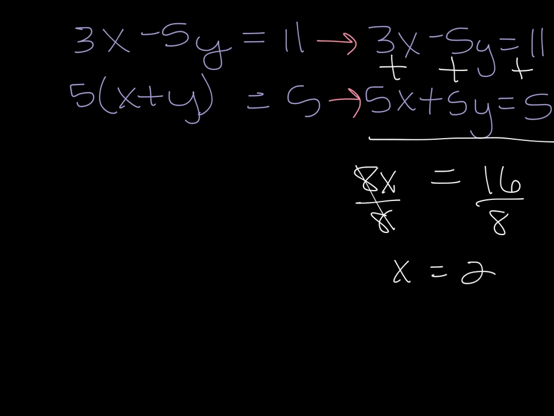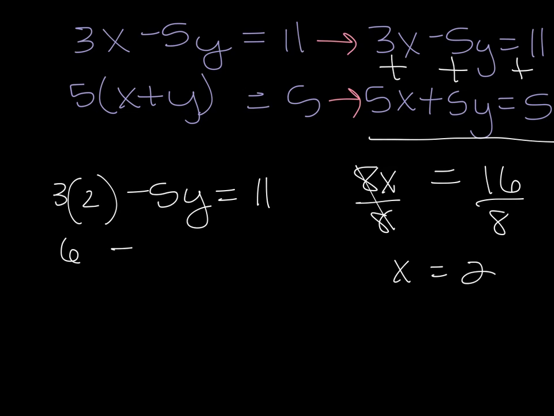Okay, now I need to find y. Now, just a precaution, you always want to take and substitute the variable back into one of the original two equations, not the ones you changed, because if you made a mistake when you changed them, you're going to get a wrong answer. Alright, so I'm going to take the top equation, and I have 3 times 2 minus 5y equals 11.